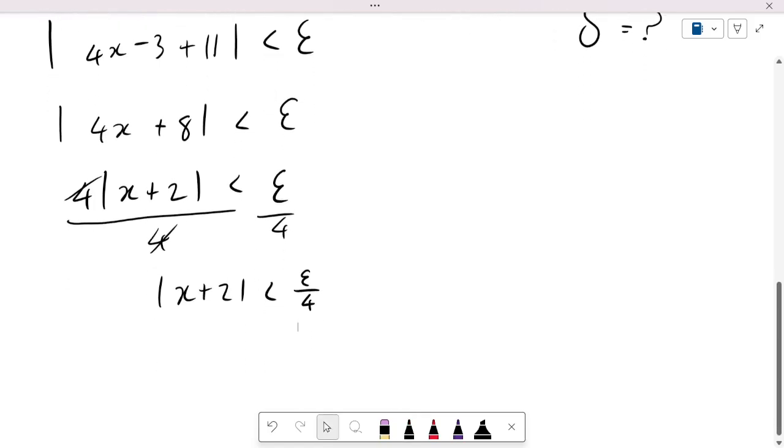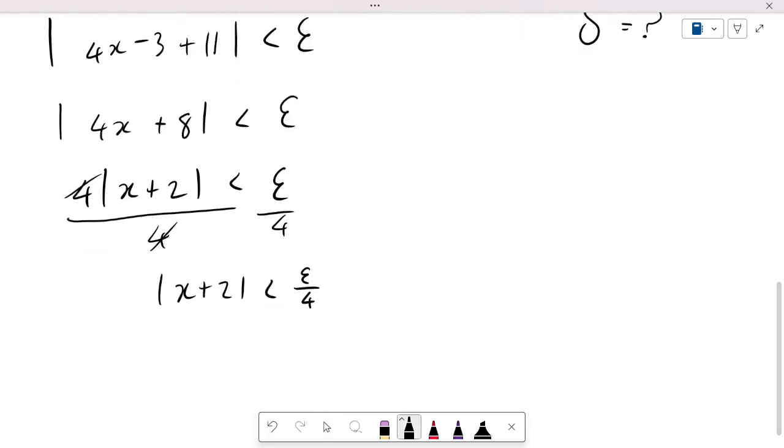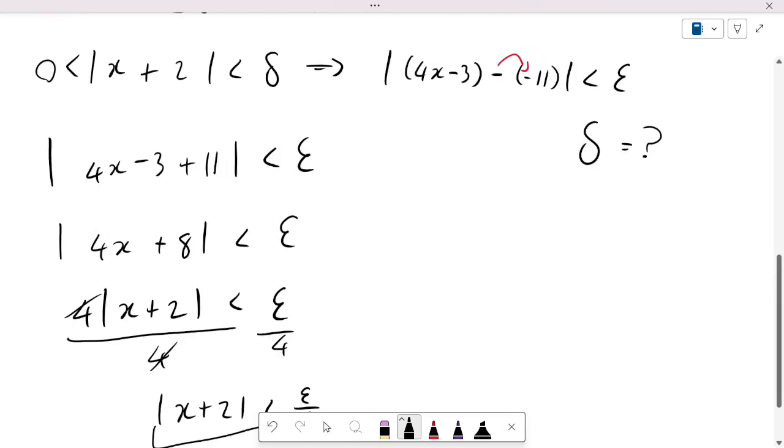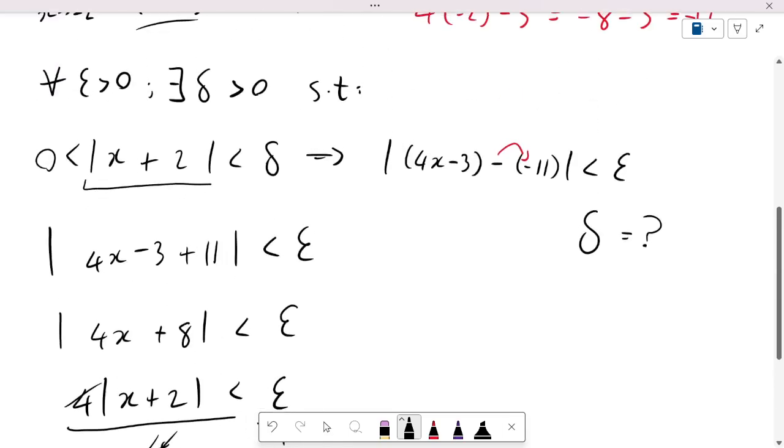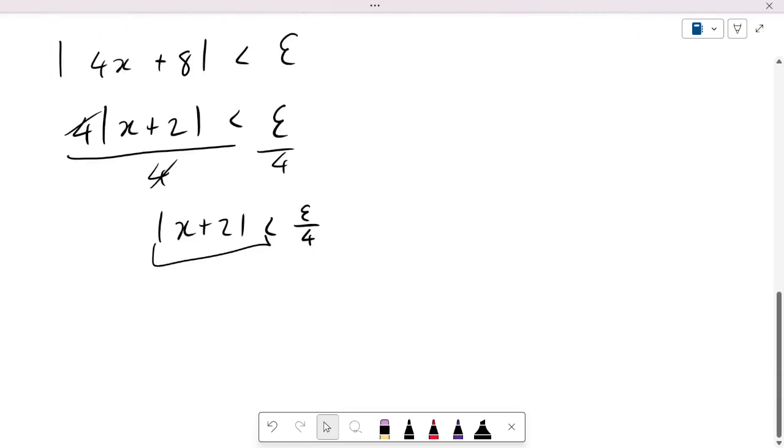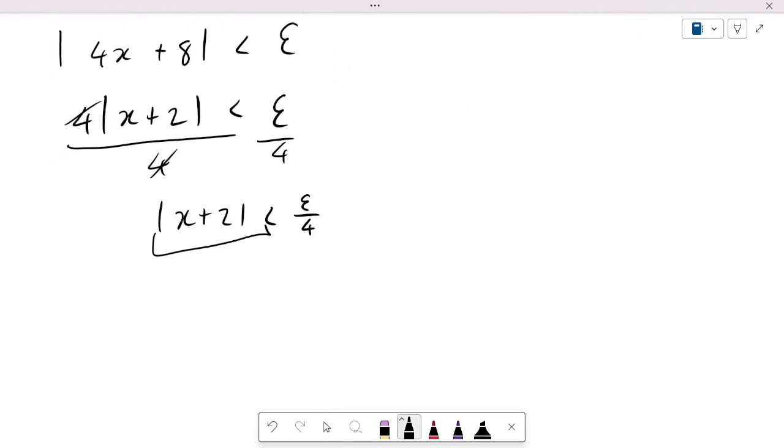What we know is that the absolute value of x plus 2 is over here less than delta. Meaning, because that's less than delta, and it's also less than epsilon over 4, therefore we can say that our delta is also equal to epsilon over 4.